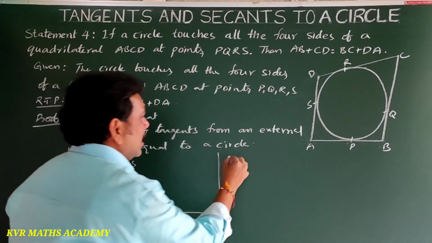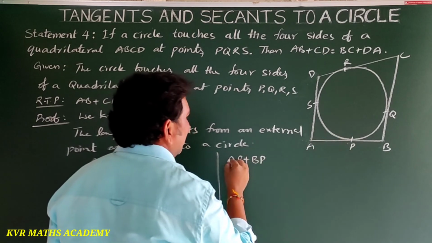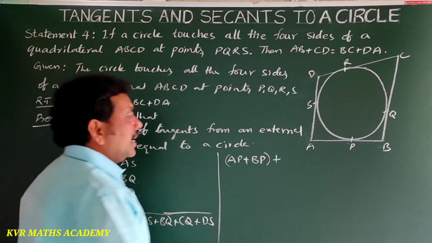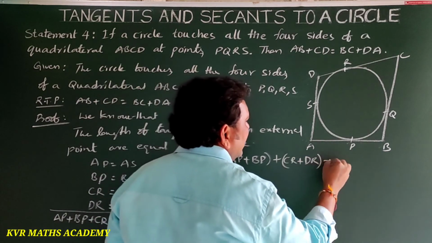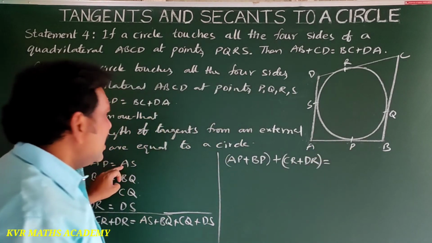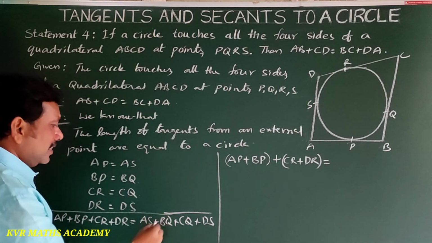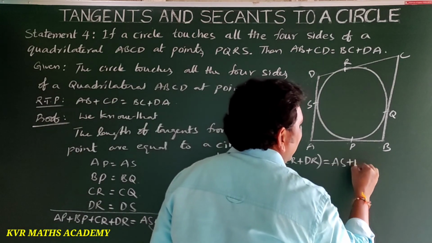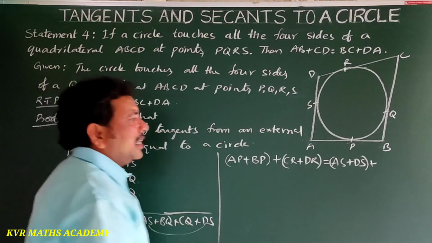AP plus BP, one pair, plus CR plus DR, one pair, is equal to AS plus DS, one pair, plus another pair BQ plus CQ.